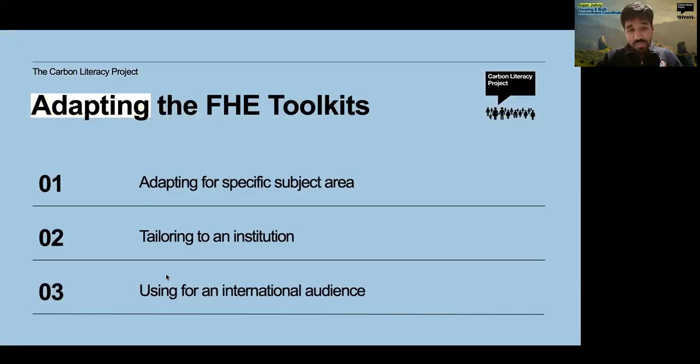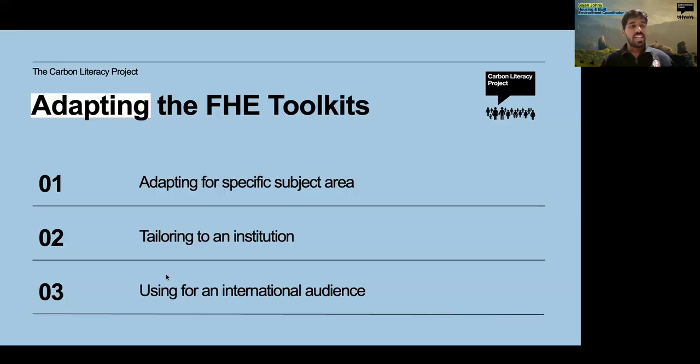Now, in terms of adapting the further and higher education toolkits, I just wanted to mention this because we've seen a lot more universities and colleges slowly starting to adapt the materials to make them more bespoke for their audience. There are 3 different scenarios. One is where you're adapting for a specific subject area.